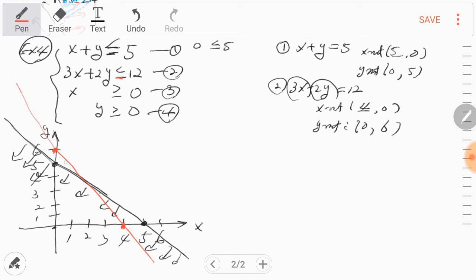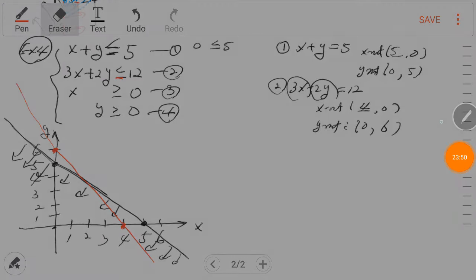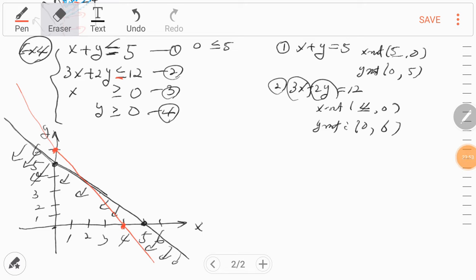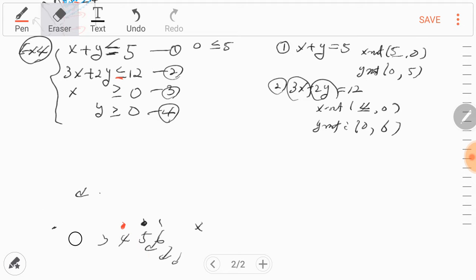Okay, this is better. Let me graph this precisely. The line is not straight enough, so let me erase this and graph it again.